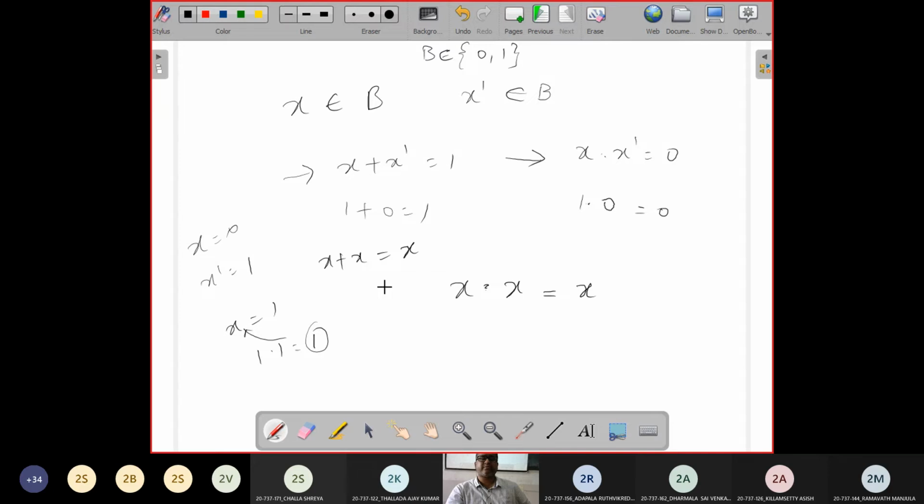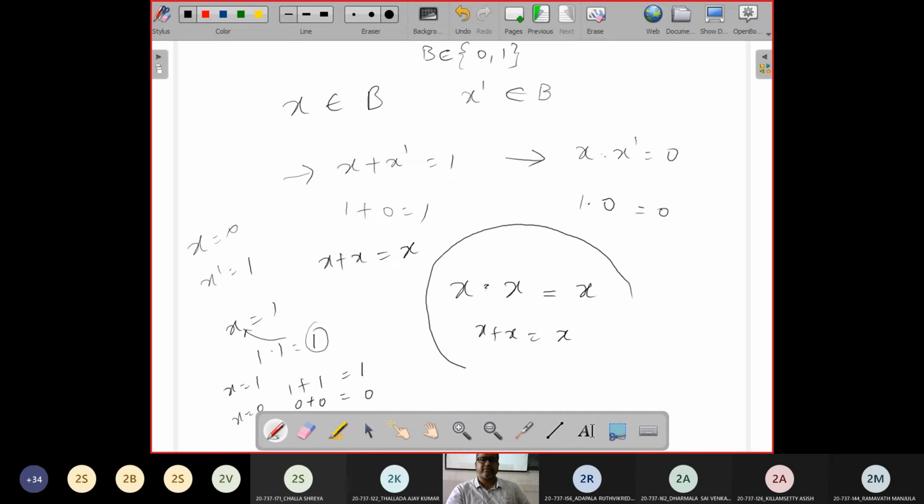X once again. Say for example, X equals 1. So 1 logically ORed with 1 will lead to 1. Take X as value 0. In that case, 0 logically ORed with 0 gives 0. So can I write X plus X will also be equal to X?